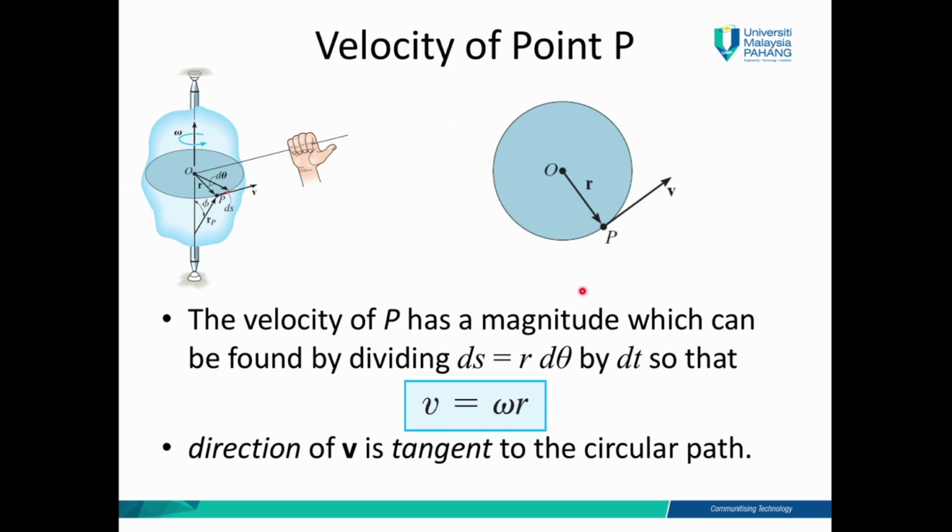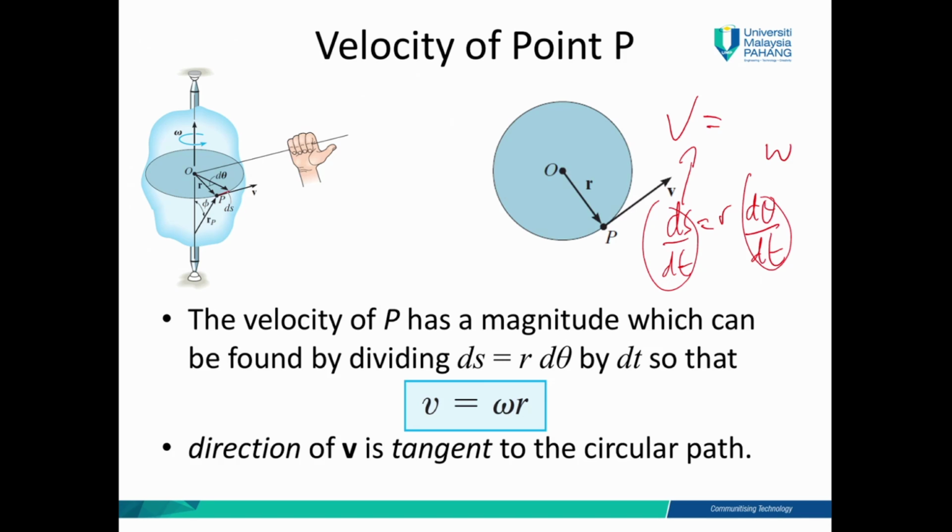So finding the velocity of P can be done by dividing the equation we have just now, ds equal to r d theta, by dt on both sides. Here you already know this is v, and here you already know this is omega.